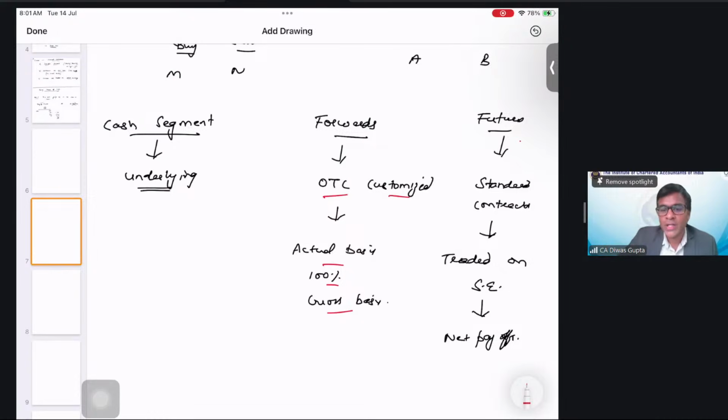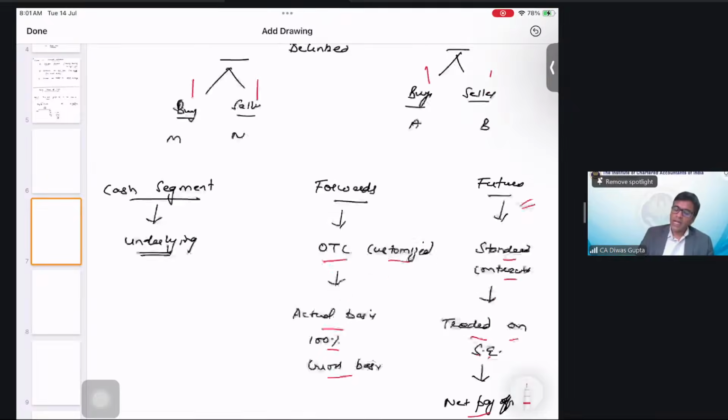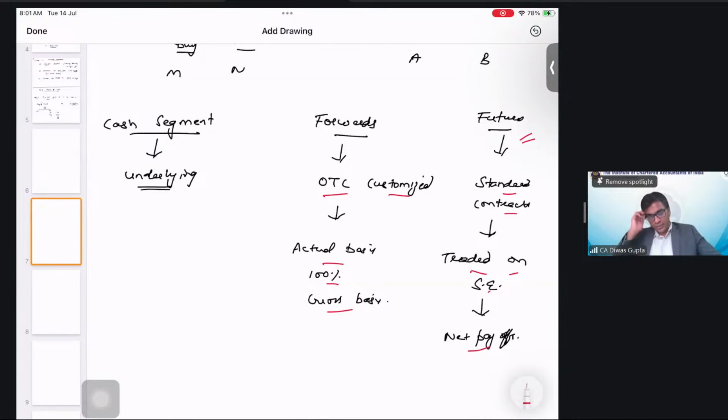These are traded on a stock exchange and it's actually settled net. I hope the topics and the differences between underlying, forward and futures are clear, students. Clear?